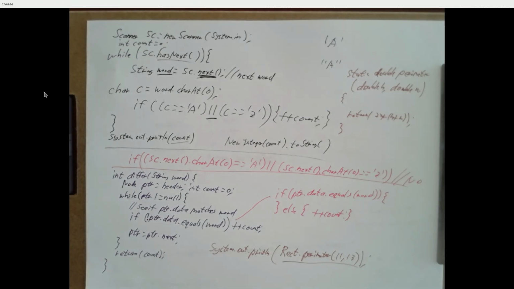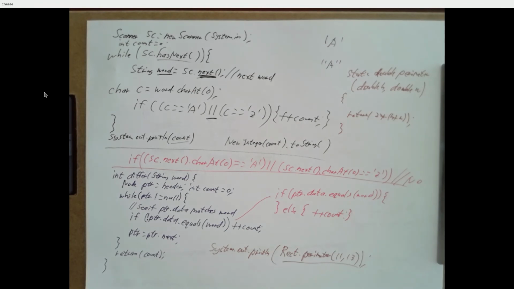Print line will accept integers, doubles, floats, booleans, strings, characters. All of these basic types will print correctly. If you give it something that's not a primitive type, like an uppercase Double, and it's not a string, it will call that object's toString method to turn it into a string. But for something that's bringing back a double, you can just put it straight in as the argument to print line.